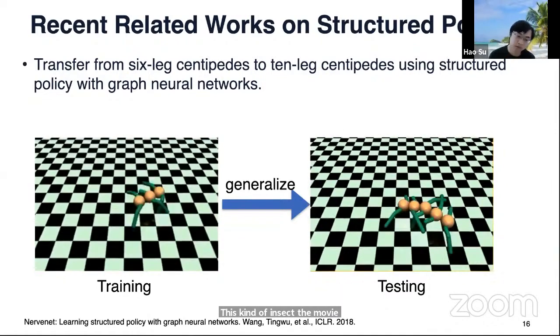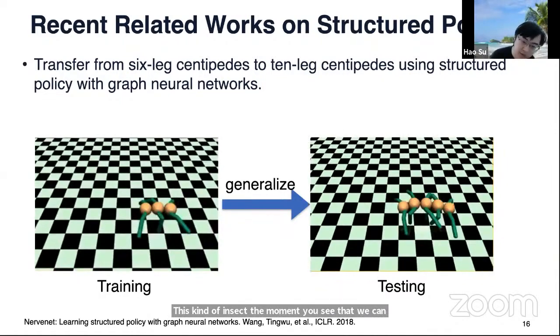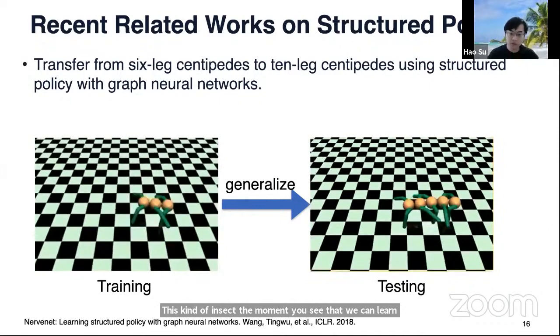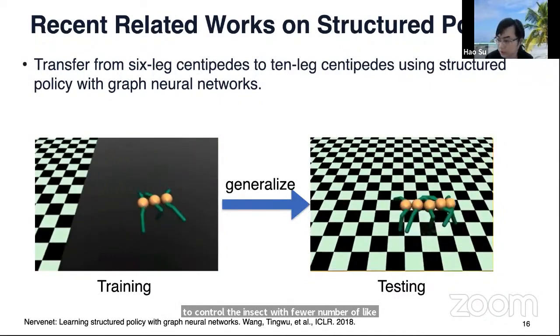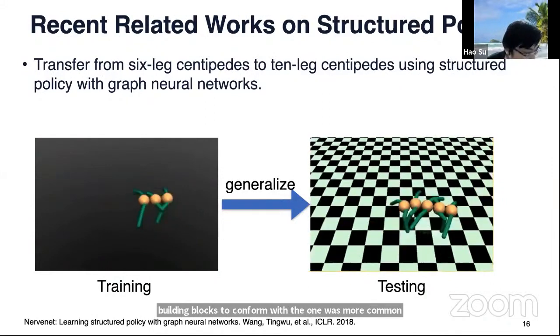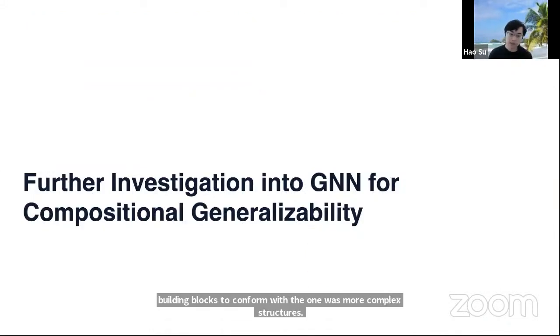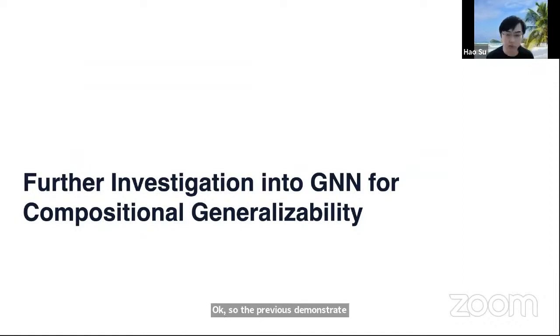You see that we can learn to control an insect with a fewer number of building blocks, up to controlling one with more complex structures. Okay, so the previous demonstration shows the promise of using GNN as a policy network. However, next I'm going to point out certain limitations of this perspective and perhaps suggest certain possible directions to improve them.